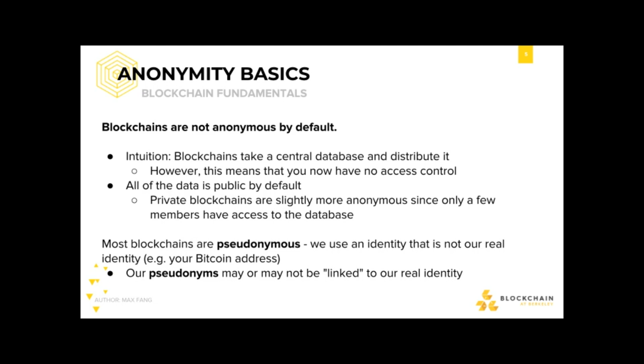So if you recall, blockchains are not anonymous by default. Why is that? You'd kind of assume that if you have your identity linked to a public key, it should be anonymous, right? Well, the intuition is that blockchain just takes a central database and then distributes that out to everyone.